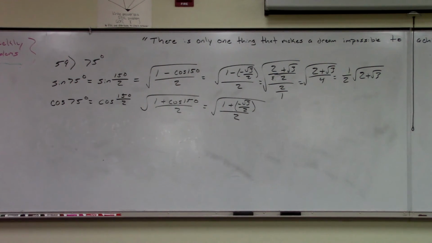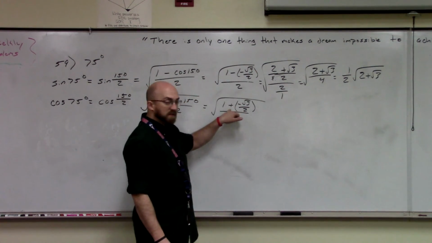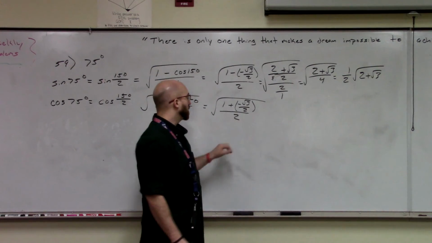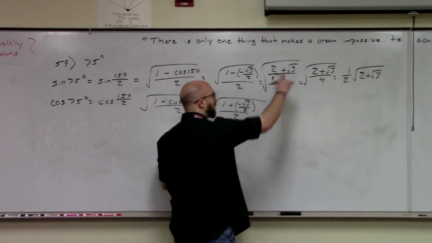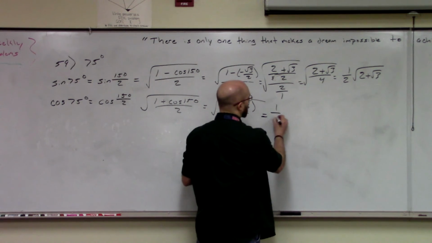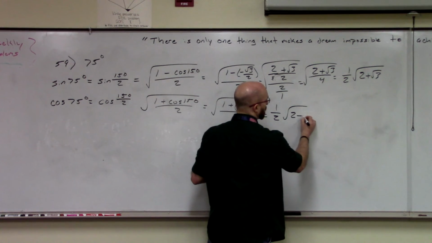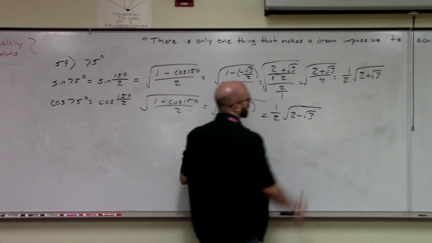The only difference between the sine and the cosine is the negative value, right here. This one ended up being positive, this one's going to be negative, so I'm going to take a hunch. And if I did the same math, because all it changed was the negatives, I'm going to end up with 1/2 square root of 2 minus square root of 3.